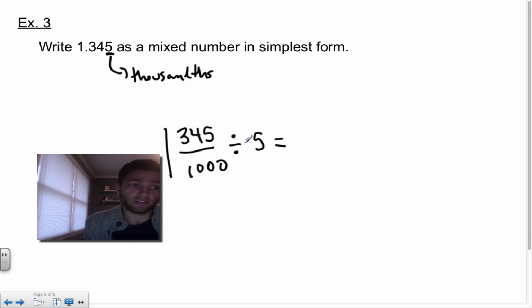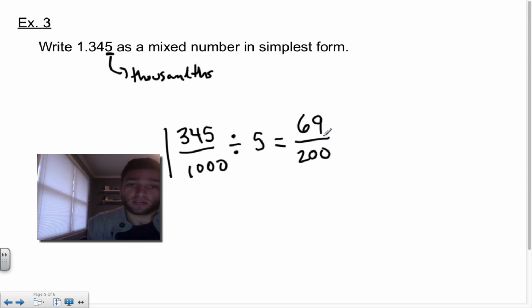So 345 divided by 5, and I'm going to speed this up so you can just get an answer, is 69, and 1,000 divided by 5 obviously is 200. All right, that's mental math.